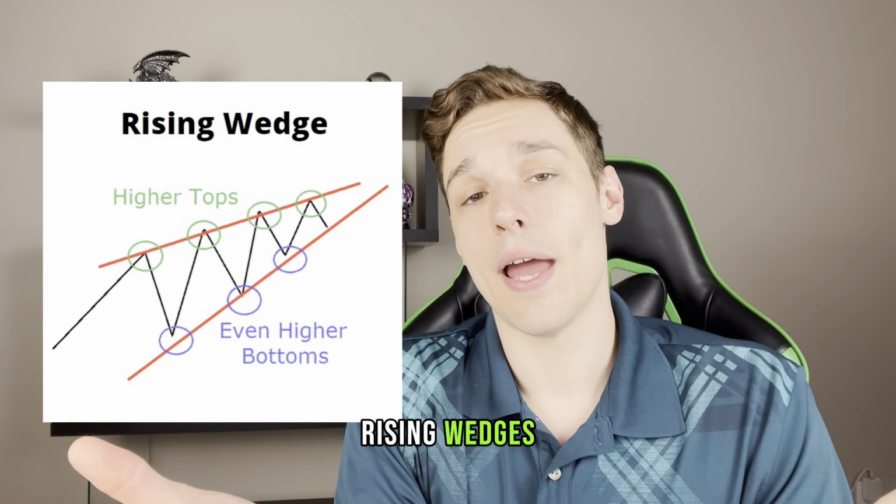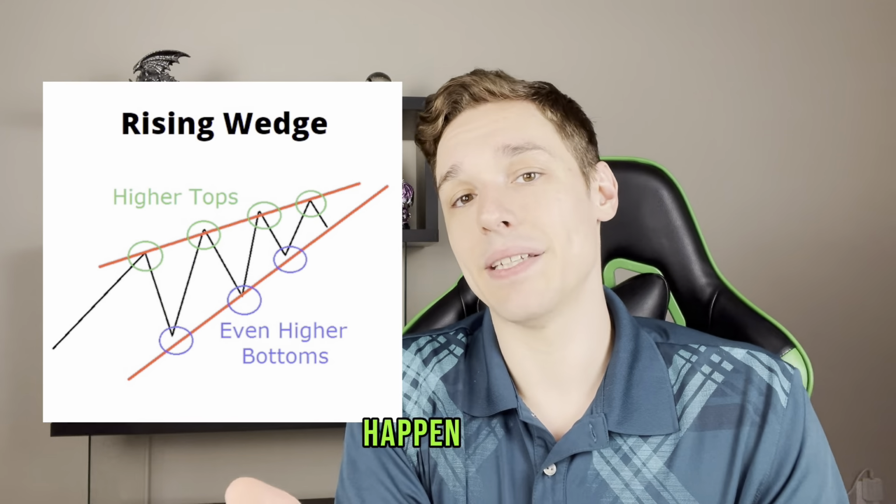Rising wedges happen when the price bounces between two ascending support and resistance levels. And it's a reversal pattern. So when it forms, most of the time, higher than 50% chance, the trend will reverse. So a rising wedge means falling price.